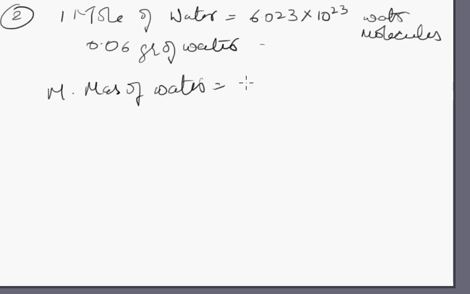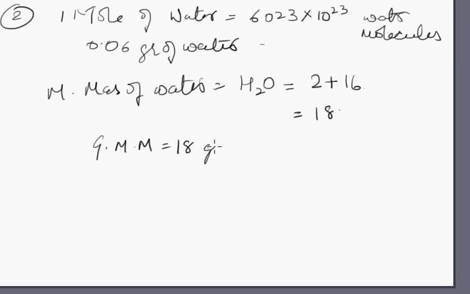I will calculate. This is the formula: 2 hydrogen plus 16 oxygen, which comes out to 18 grams. That is 18, the molecular mass of water. That is, the gram molecular mass is 18 grams, or we can say 1 mole of water as well, by the second equation which we have already derived.